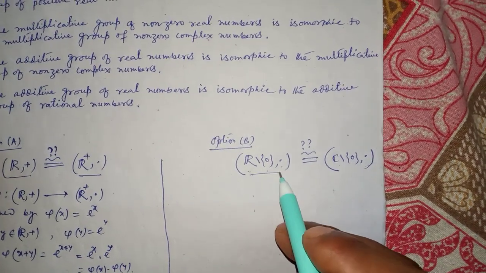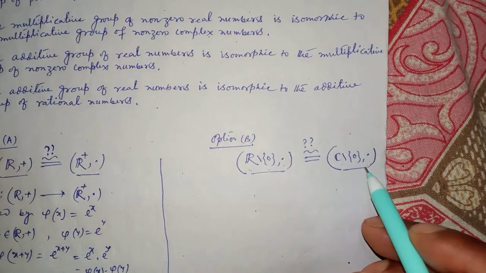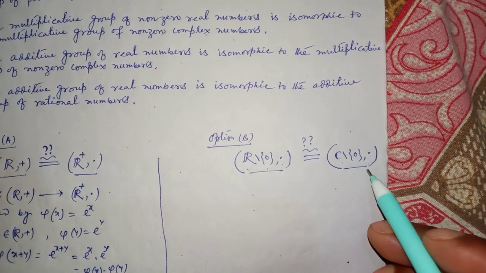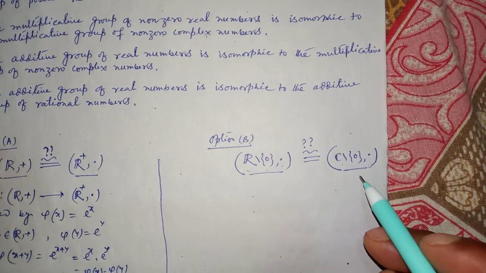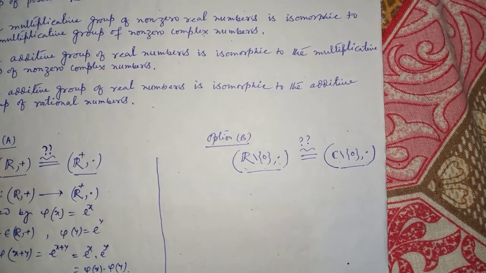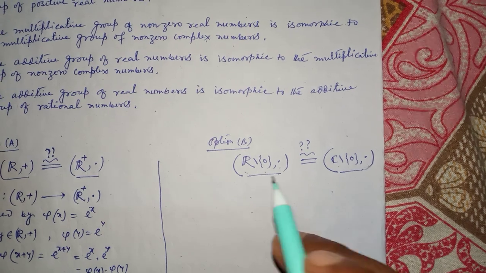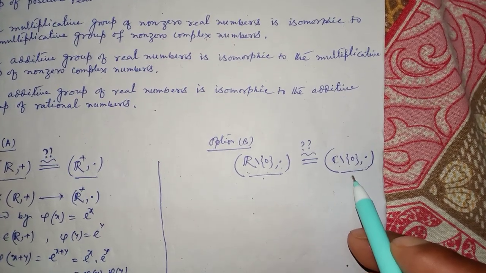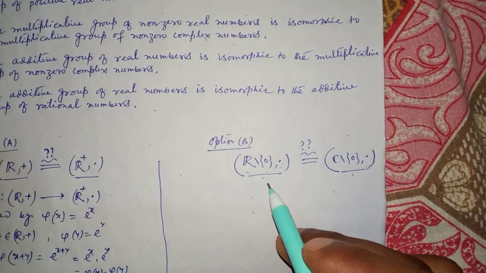Suppose this group is isomorphic to this group. Since isomorphism is an equivalence relation, it is symmetric. So if this group is isomorphic to this group, then this group is also isomorphic to this group.